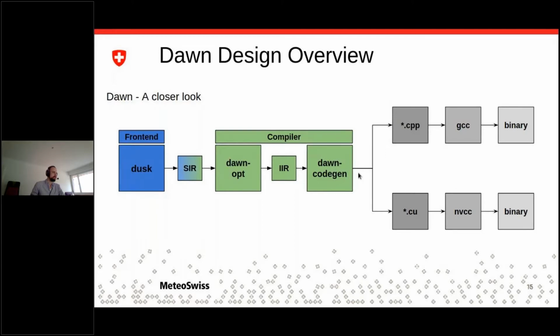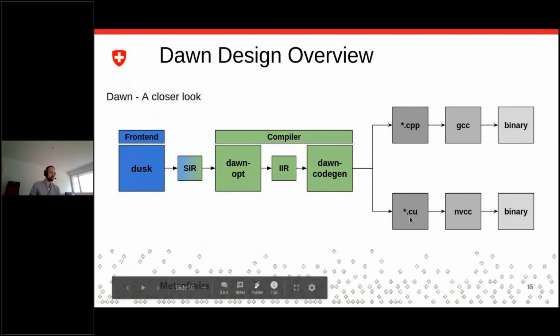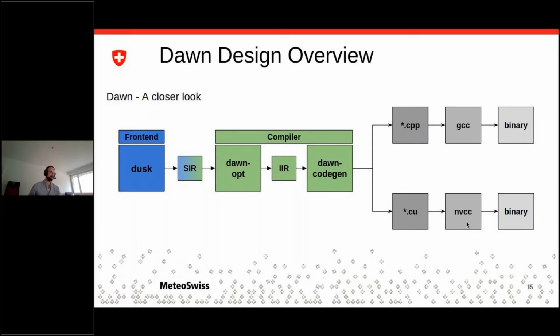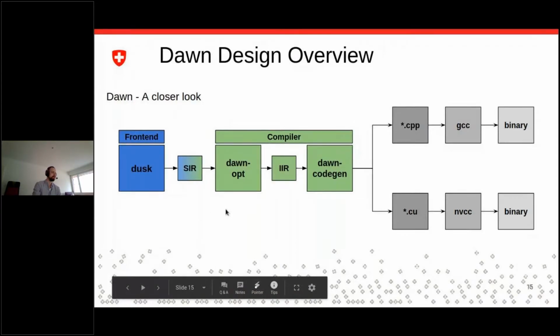In the code generation part, if we want to target a C++ CUDA backend, the code generation component can produce C++ files that we compile with GCC to get a binary object, as well as CUDA files that we compile with the NVIDIA CUDA compiler to get binary objects. That's the current architecture of Dawn.